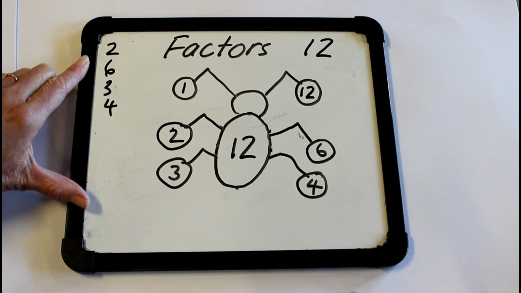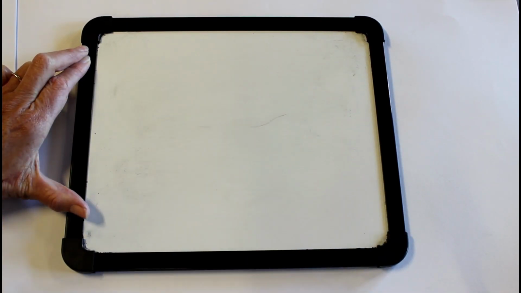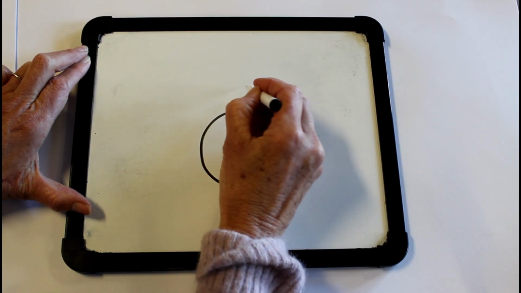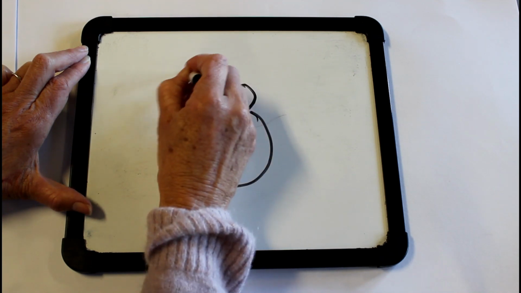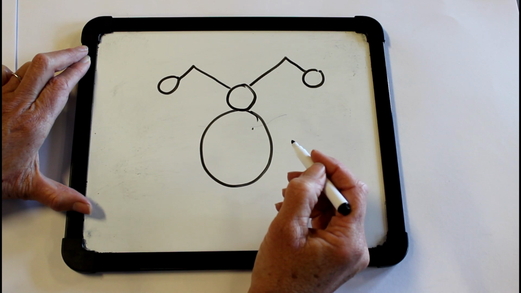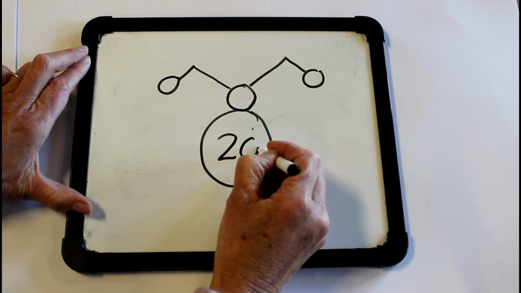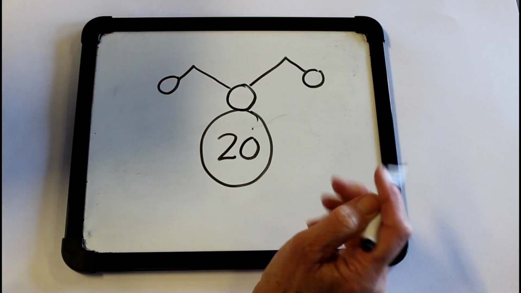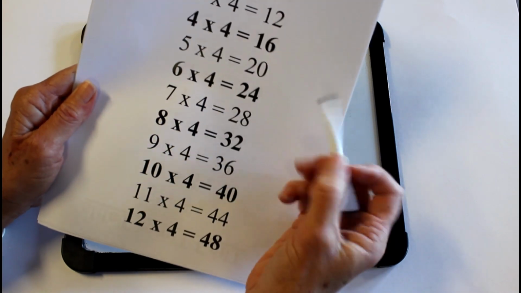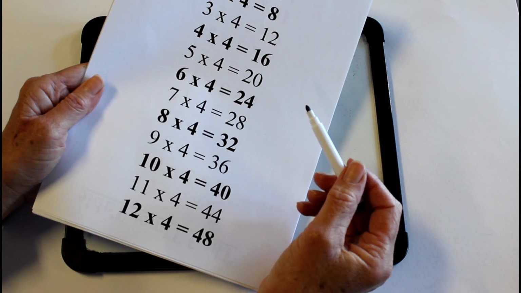So let's have a look at a different number. Let's see if we can do a different number for our factor bug. We're going to do a circle for his body, head. He's going to have antennae. And I'm going to pull out another number. I'm going to pull out the number 20. So when I look through my times tables, I can find the number 20. And then from that, I can see what factors make up 20.